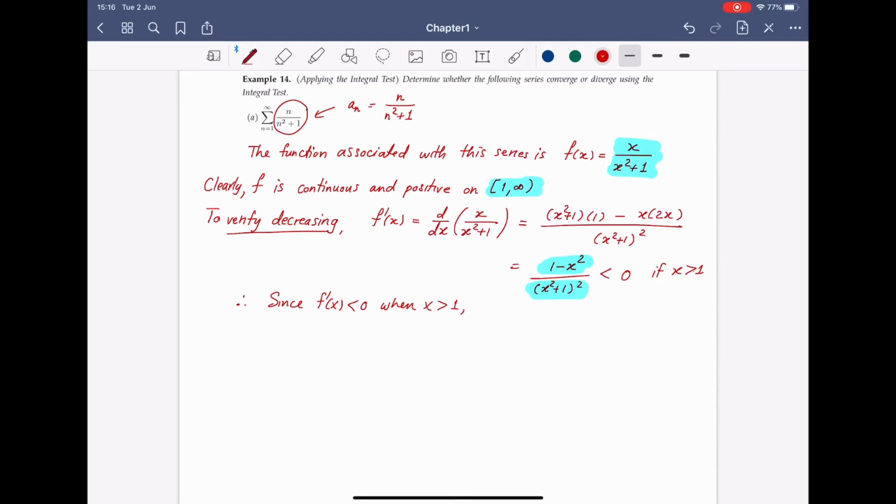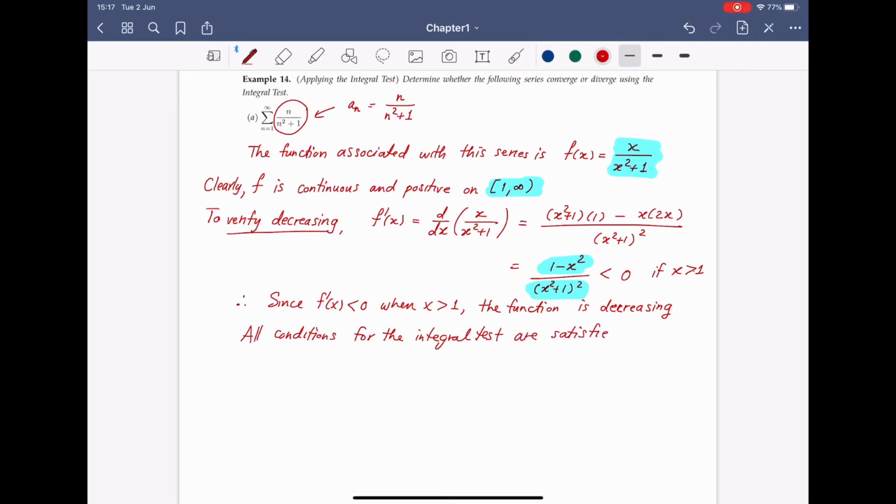Well, let's conclude that the function is decreasing. So all conditions for the integral test are satisfied.